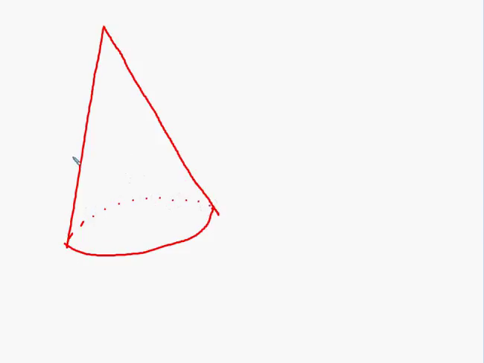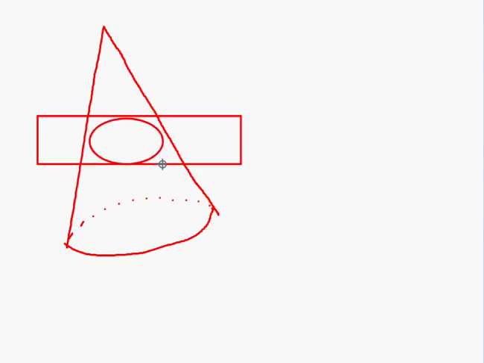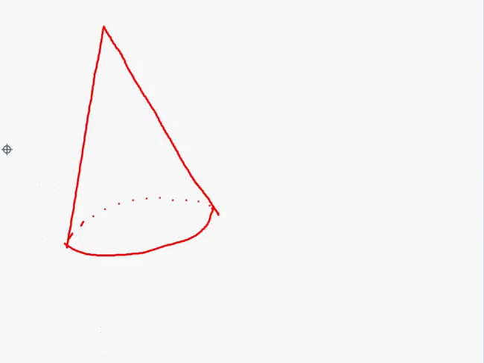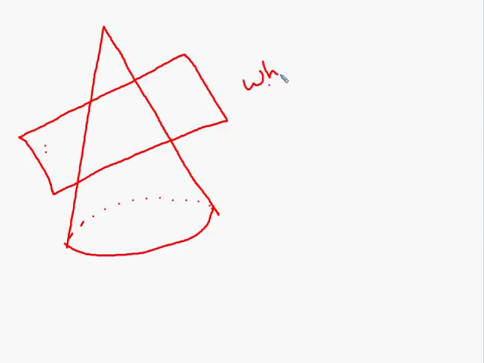So if I sliced that cone this way, hopefully you would see that I would get a circle. My circle is pretty bad right there, but I would get a circle if I sliced that cone directly horizontally. If I took a plane and sliced it through, what shape do I get?